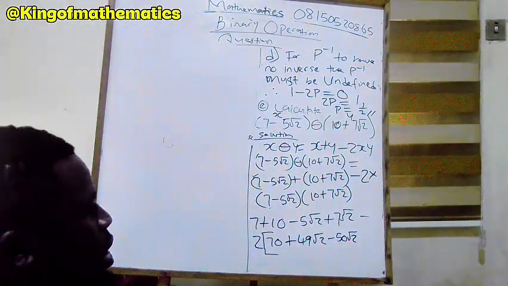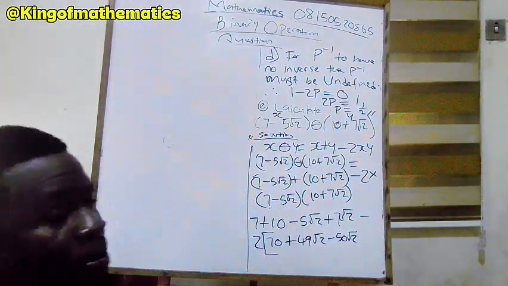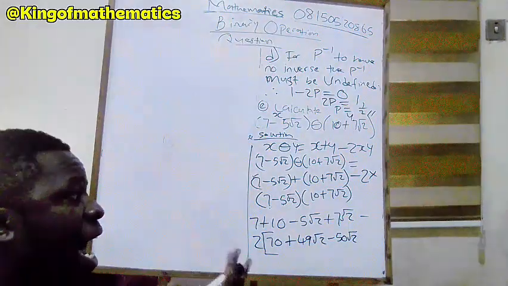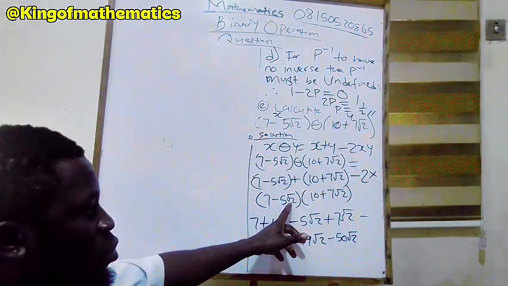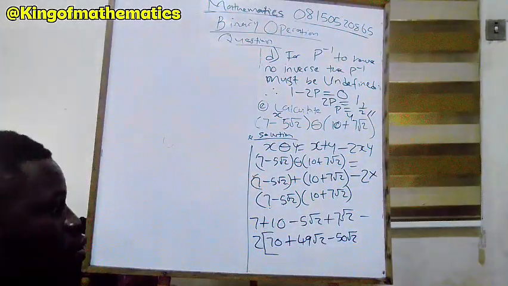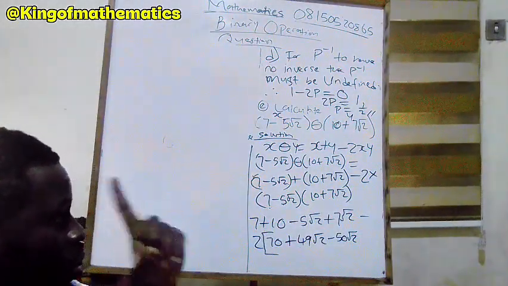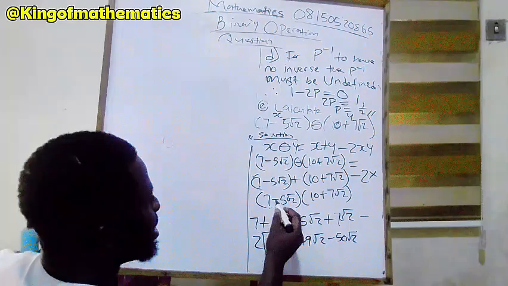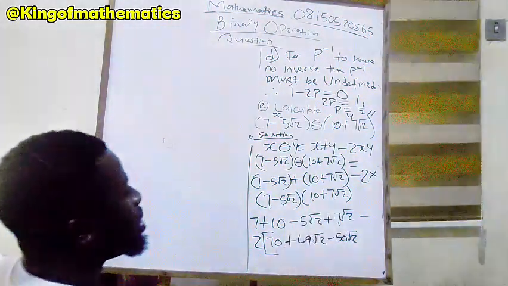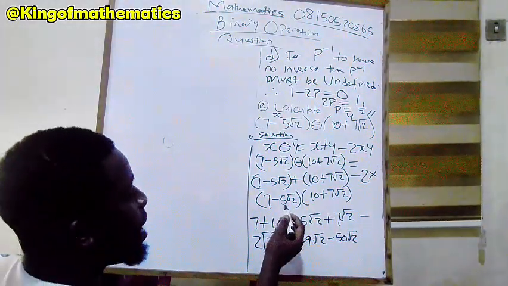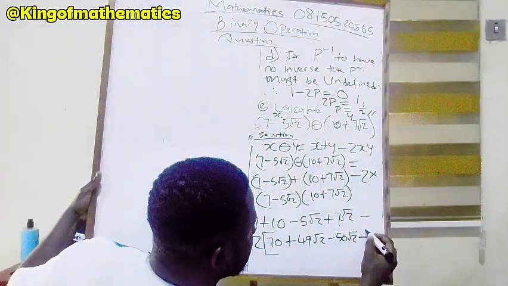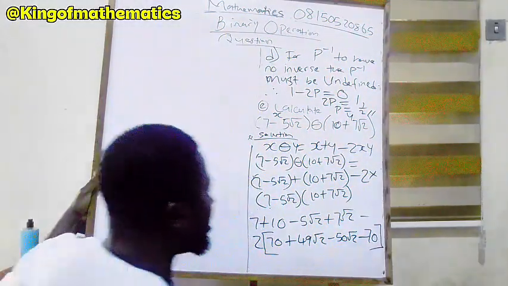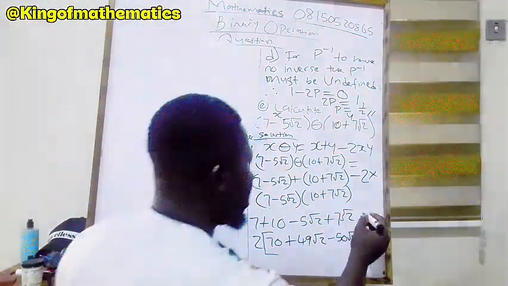First thing you should know is when the same root multiplies itself, it will give you a whole number. Like root 2 times root 2 will give us root 4, and root 4 will give us 2. So that's minus 5 times 7, that's minus 35. Minus 35, then times 2, that will give us minus 70. Yes, that's the expansion over there.